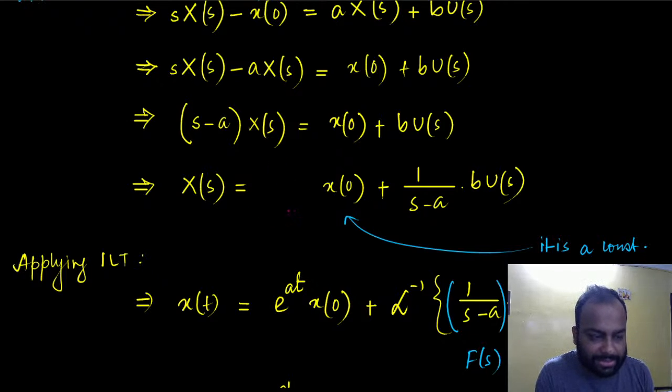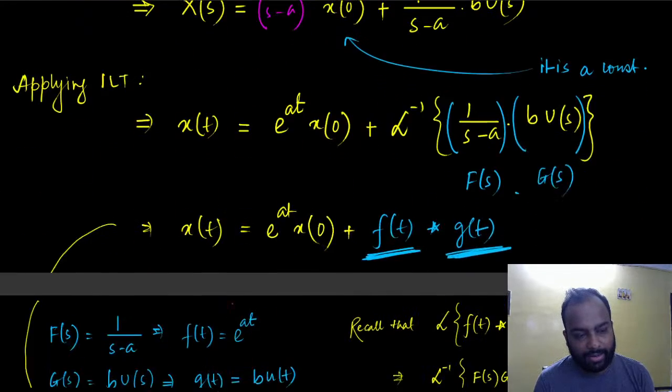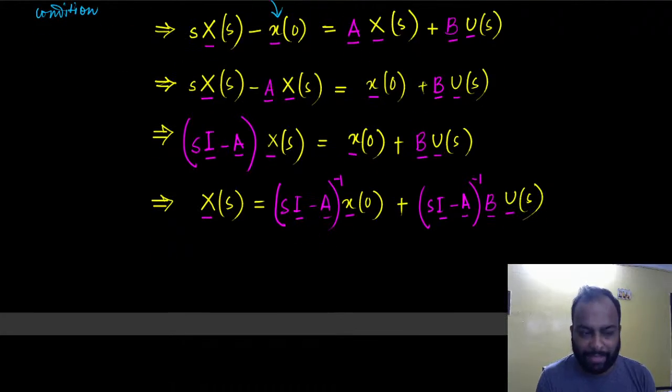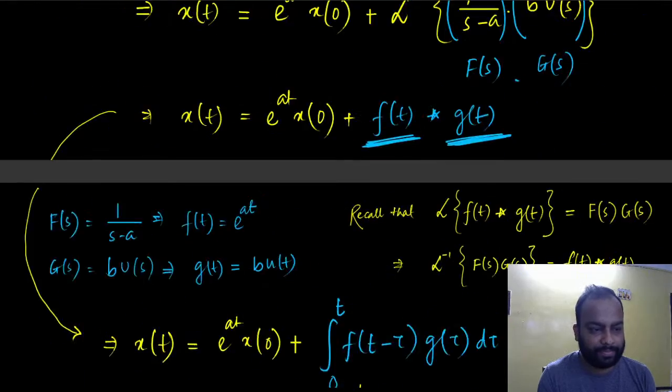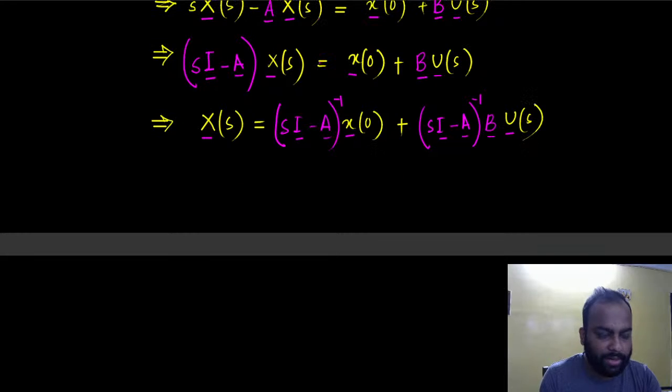That's just (s minus a) to the power minus 1, the reciprocal. And so we had that, and here instead we have (sI minus A) inverse, right? So that's just a simple notational change in a sense.